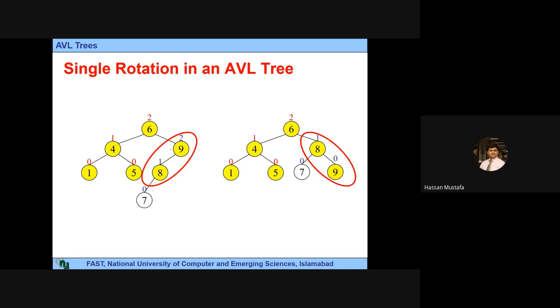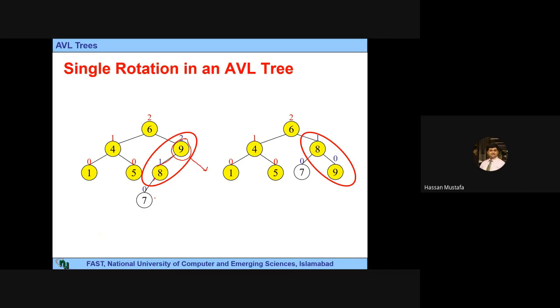This is the same tree that we just saw in the previous slide, and I showed you the readjustment, the tree on the right side. But what essentially we did was that we kept this 9 node here. What you can say is that we had a rope.